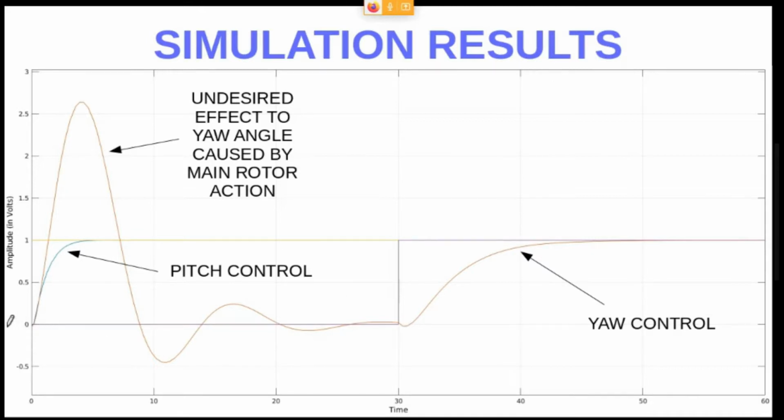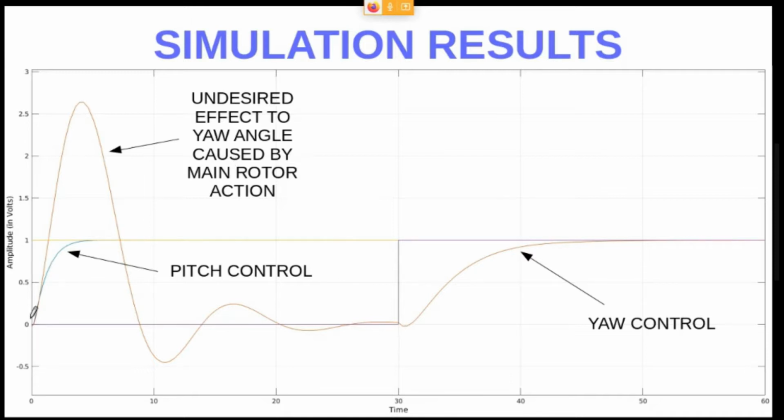Here at time t equals to 0, we have a set point for the pitch angle, and you can see that the pitch angle is perfectly controlled thanks to the main rotor, right? But remember, the main rotor has also an effect on the yaw angle.